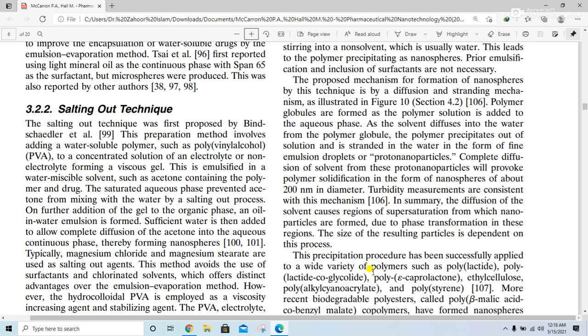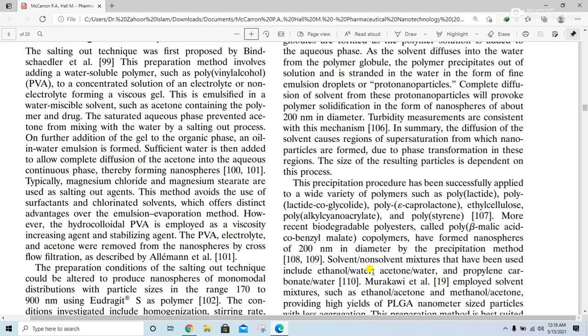The precipitation procedure has been successfully applied to a wide variety of polymers such as polylactide, polylactide-co-glycolides, polycaprolactones, ethyl cellulose, polyalkyl cyanoacrylates, and polystyrene.